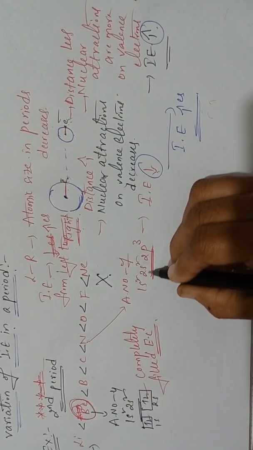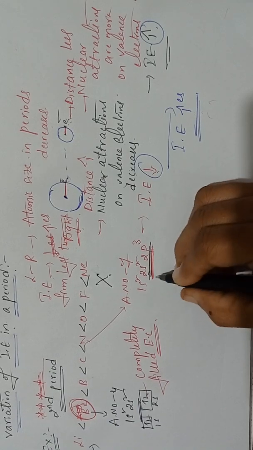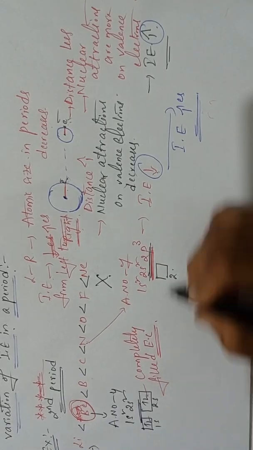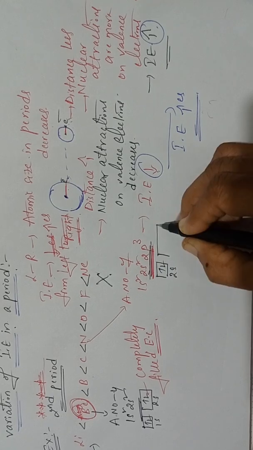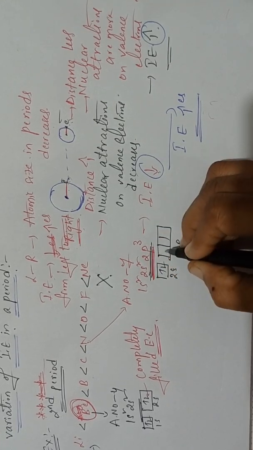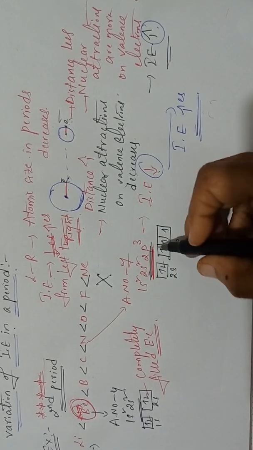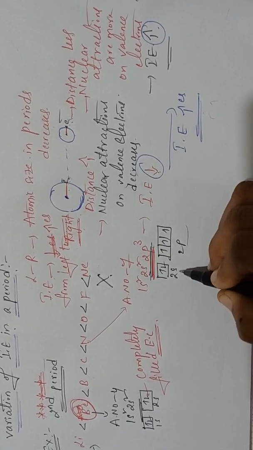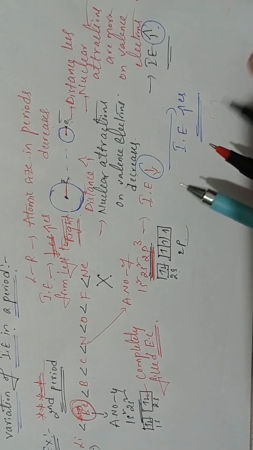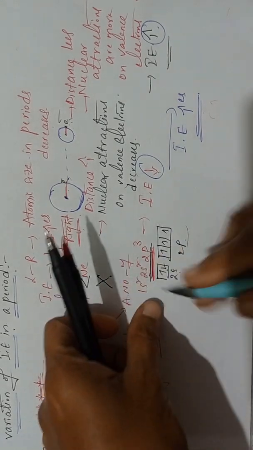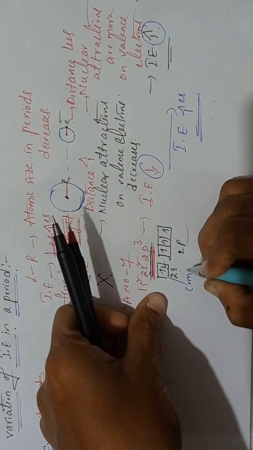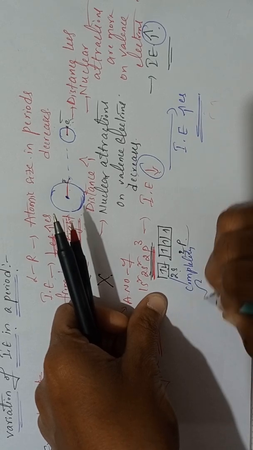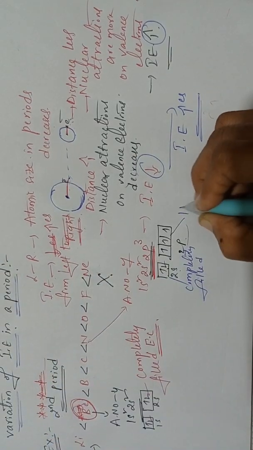Are you clear? In the valence configuration, 2s has 2 electrons, and in 2p 3 electrons are there, 1, 2, 3. That means 2s is completely filled, and 2p is half filled.